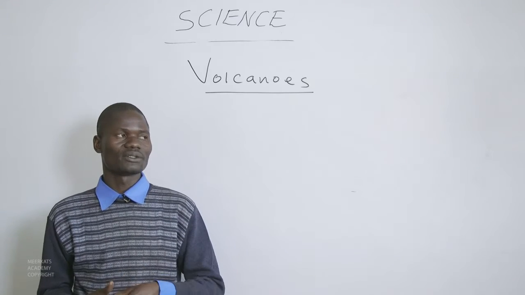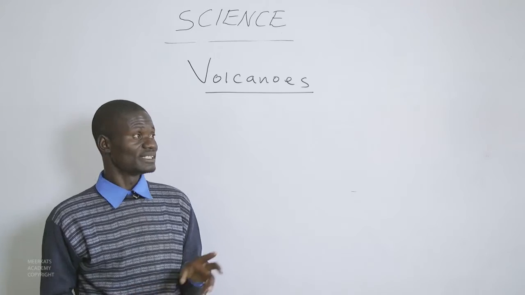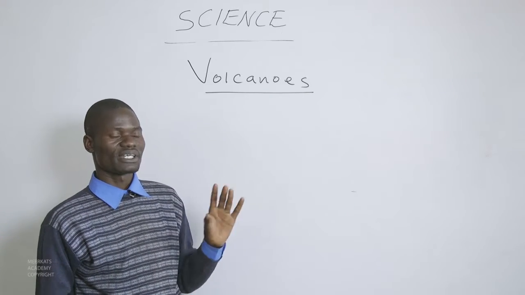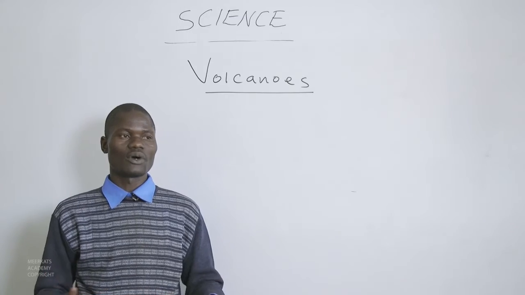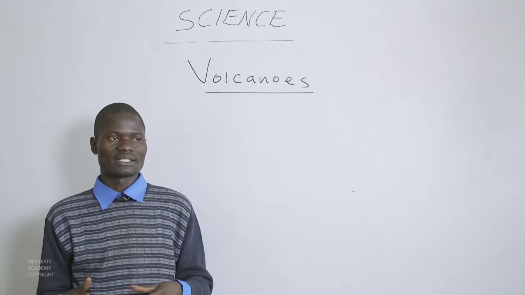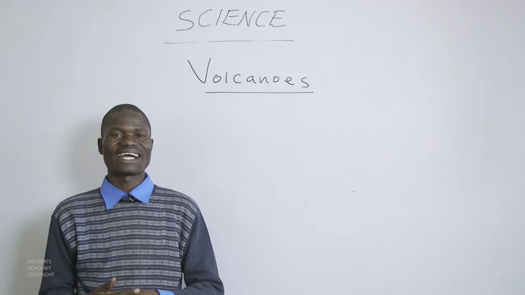Remember, a volcano is still part of volcanicity, but this is different because it's a volcano. Therefore, if there are so many, they form what we call volcanoes. And mostly volcanoes are the mountains which have been formed as a result of volcanic eruption.